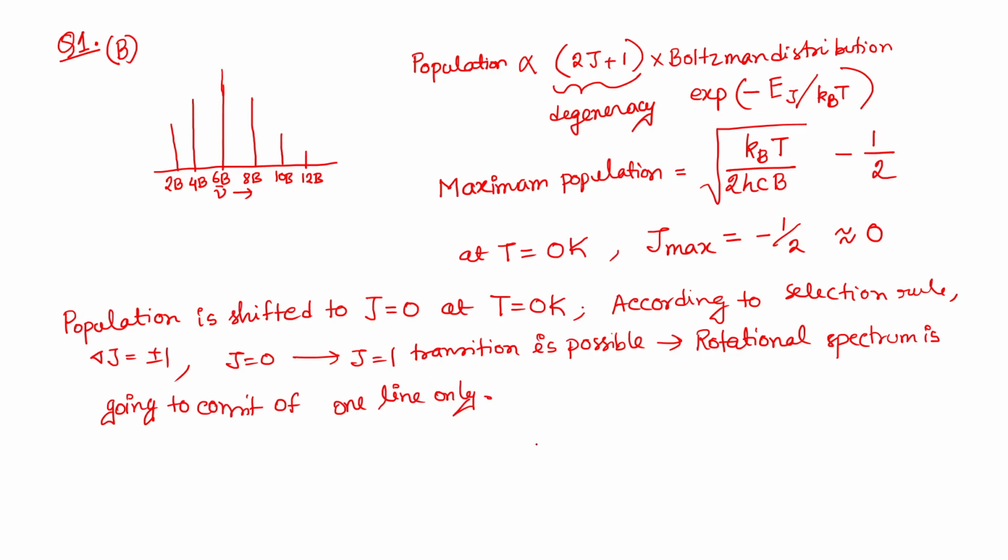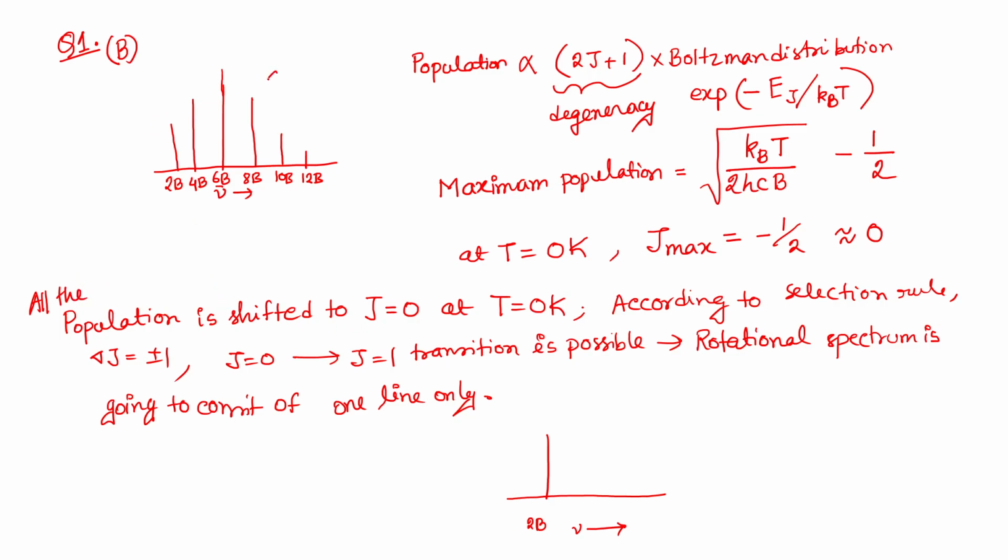So the position of that line will be 2b, right? So from this only 2b is possible. Not only population, not only maximum population, all the population is shifted to R.